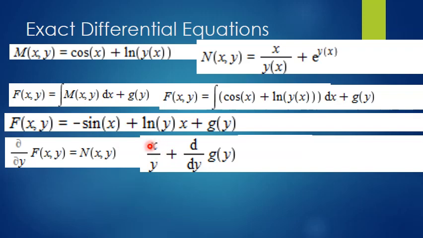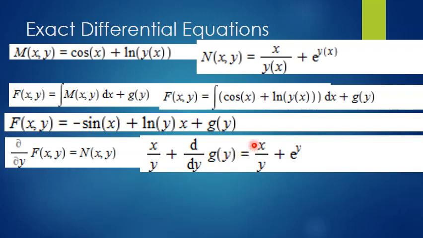That's why it's not down here. I have a y right here, and I have an x, but x's are treated as constants when you're taking the partial derivative with respect to y. So that factors out front, and I take the derivative of log of y, which is 1 over y. That's that term. And then I've got to take the derivative of g, which would just be g prime of y. Right here. There we go.